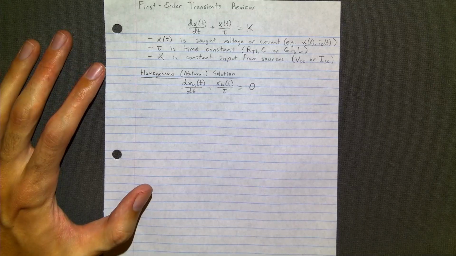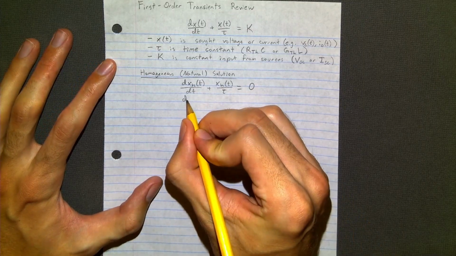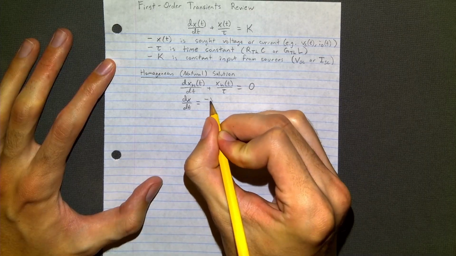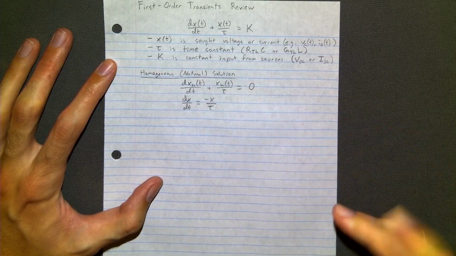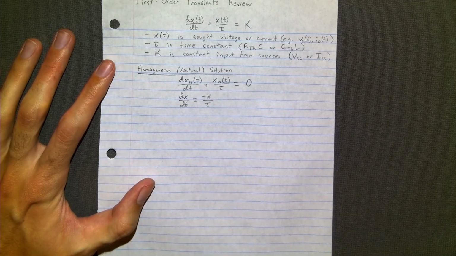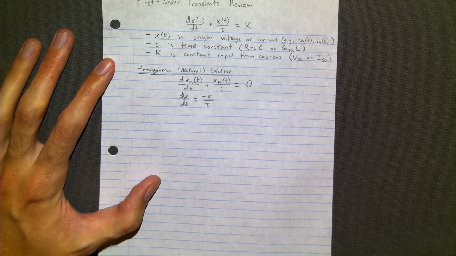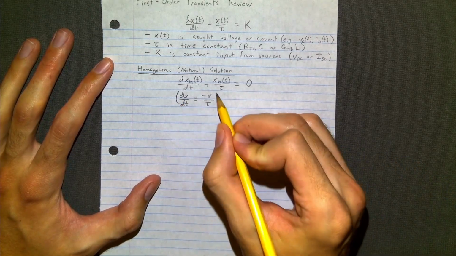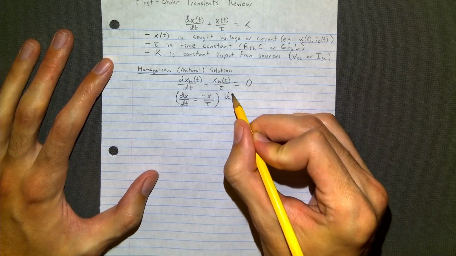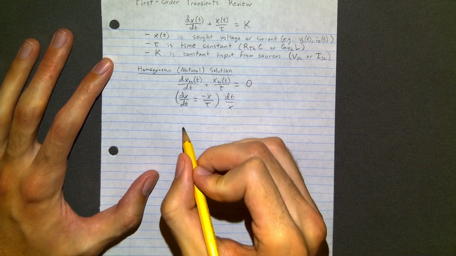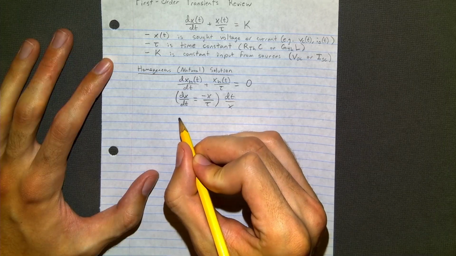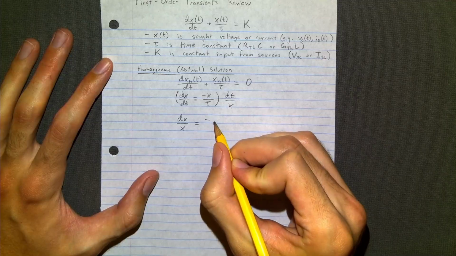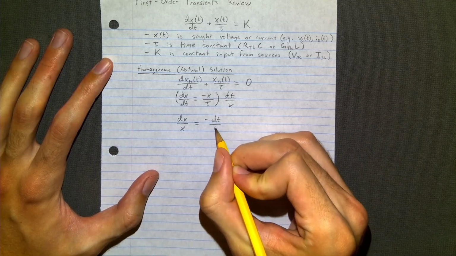Now we can rearrange this equation, and we'll just use x for simplicity. So we have dx over dt equals negative x over tau. Now we can multiply the whole thing by dt over x so that we have dx over x equals negative dt over tau.